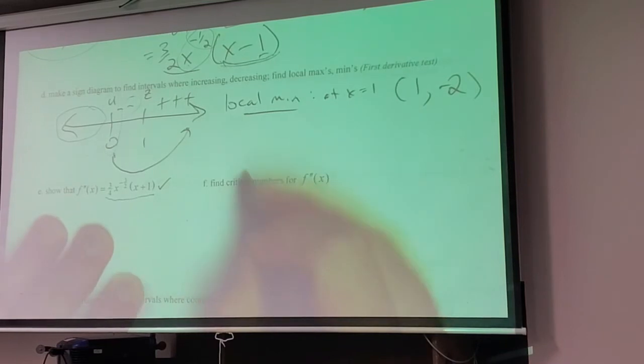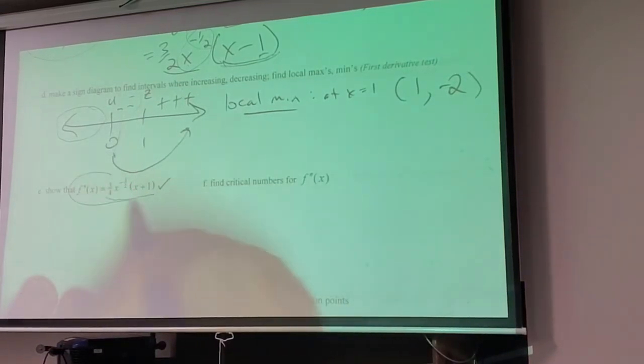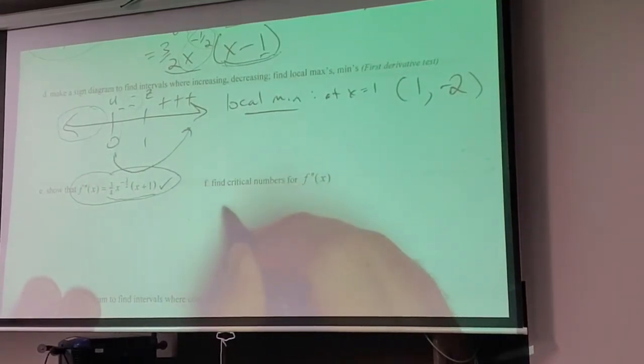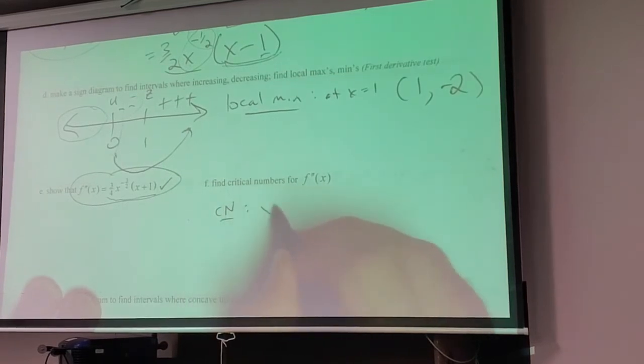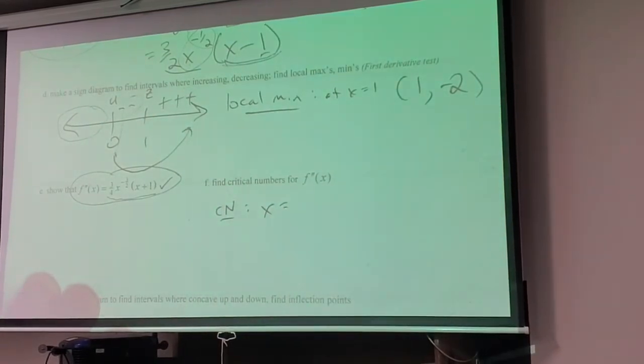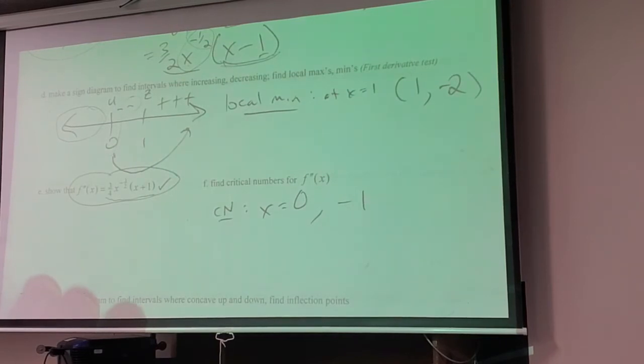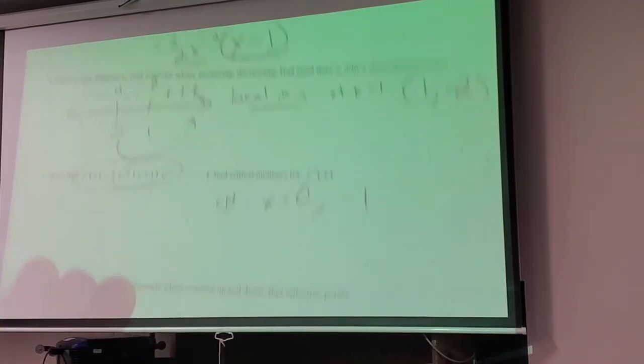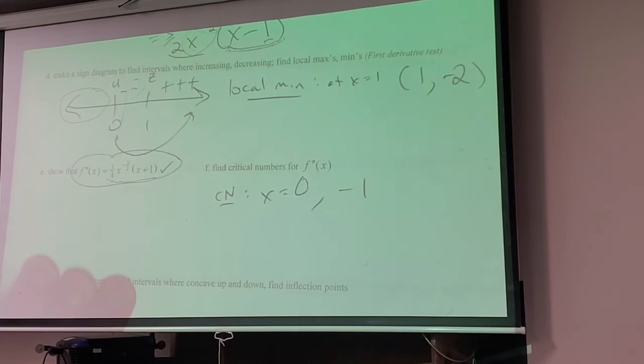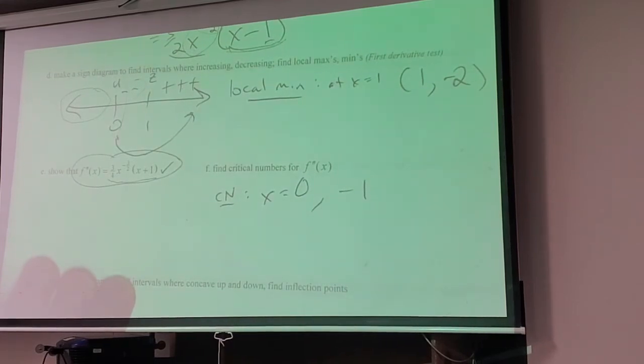What are the critical numbers then? What's interesting about this? What do you get? Zero, -1. Yeah, what's weird about one of those? It's the same as the first. No. Good.